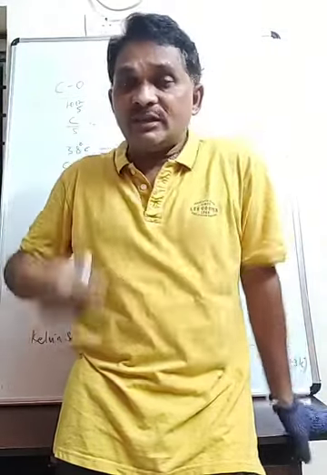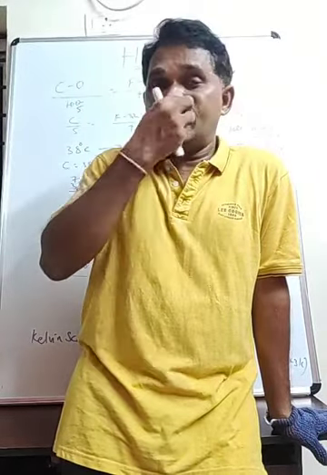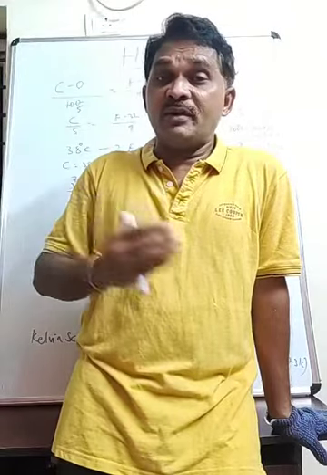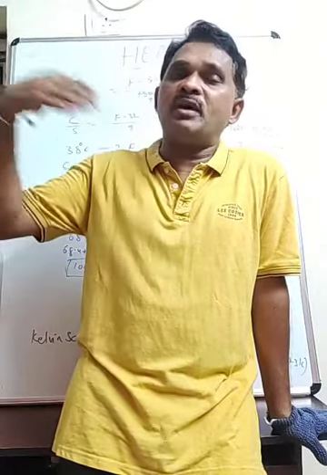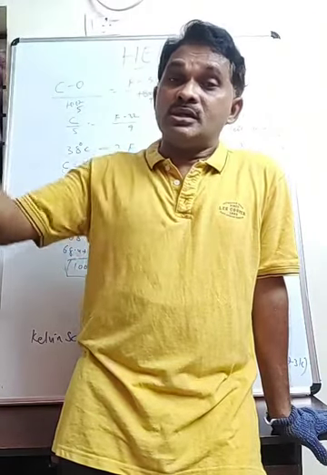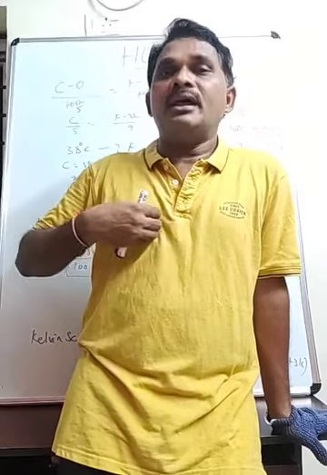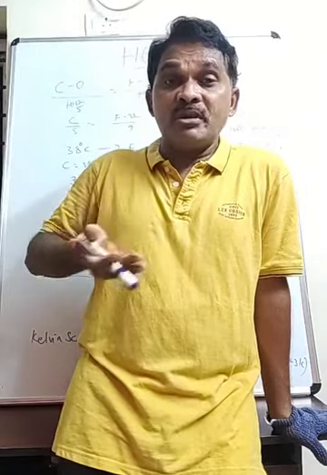If the atmosphere temperature is high and our body temperature is low, then heat will transfer from the hotter body to the colder body. That means if the atmosphere is 43 and our body is 37 or 38, the heat will come to our body, and our body temperature may rise.